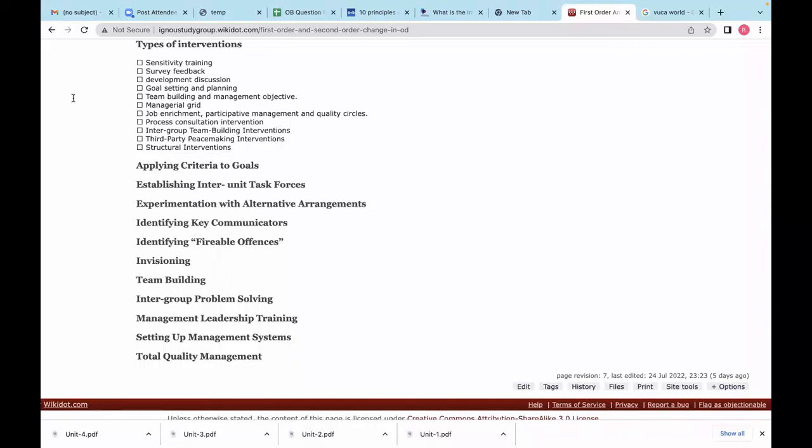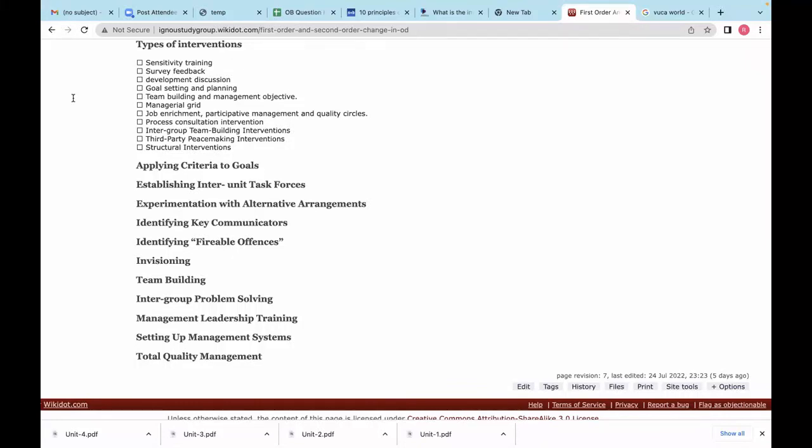Survey feedback, you're going to take feedback in case there is anything wrong happening, right? You're going to set the goals, replan things. You're going to do team management, team building. If the problem is related to teams not gelling together, you'll do team building as an intervention, right? So job enrichment, you're going to focus on how to enrich a job because people are not satisfied with the job they are doing.